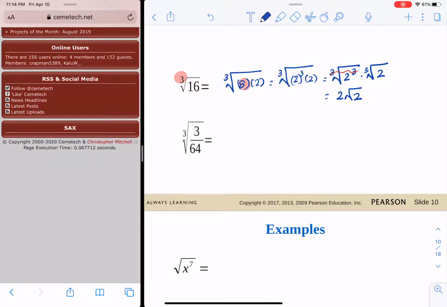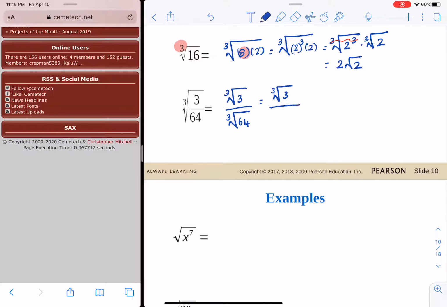Quotient rule, in the next problem, we could split it up and write it as the cube root of 3 divided by the cube root of 64. Could we write 3 as the cube of some number? We cannot, so we can just leave it as is. We can, but it's not going to be an integer. We want to keep it as an integer.